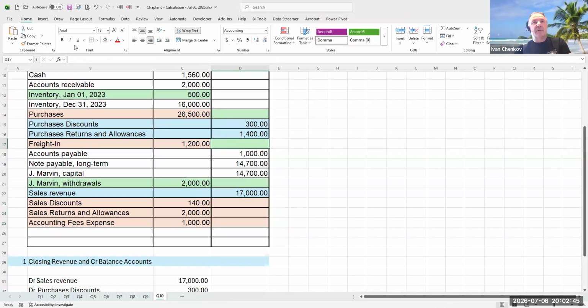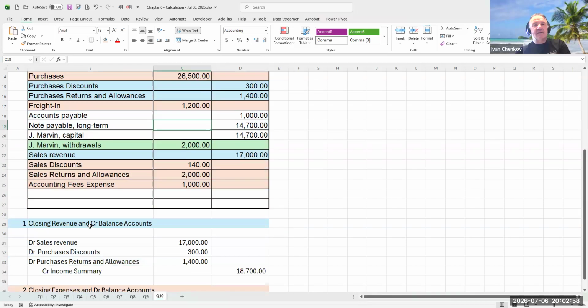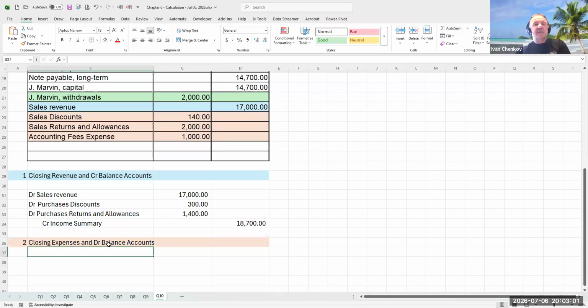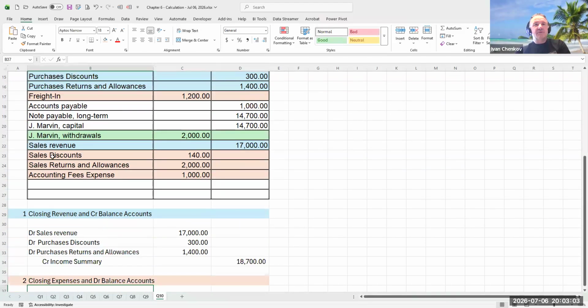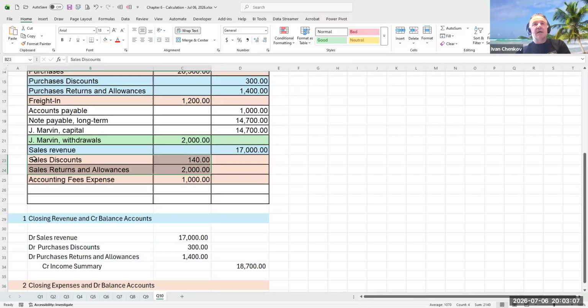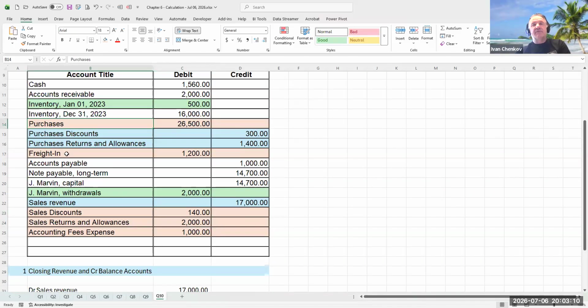We're not going to close the capital, because if we close the capital, that means we're closing the company, and at this point we're not closing the company yet. Let's focus on the second stage, which is closing the expenses and debit balances, including sales discount, sales return allowances, and purchases and freight, which have to be at zero balance at the end of the period.